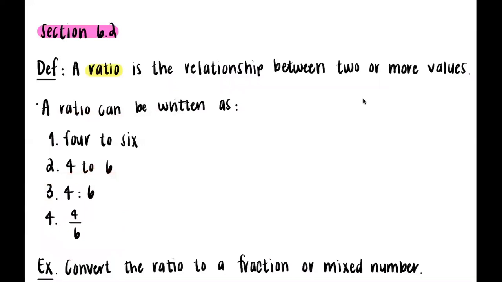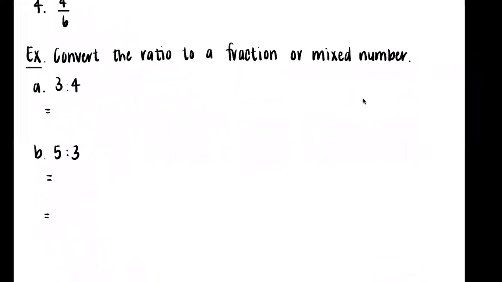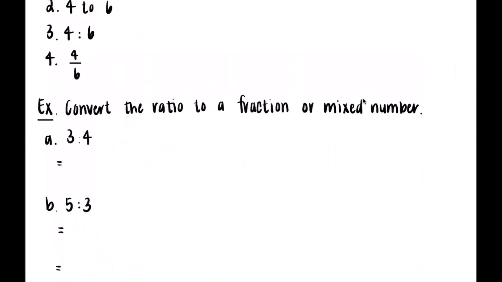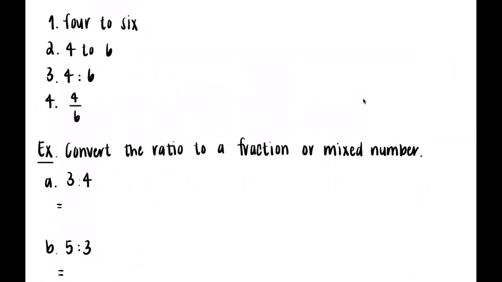Now we're going to be doing examples with ratios, slowly introducing more of them. Convert the ratio to a fraction or a mixed number. One thing to remember is that the third and fourth representations show the same thing.